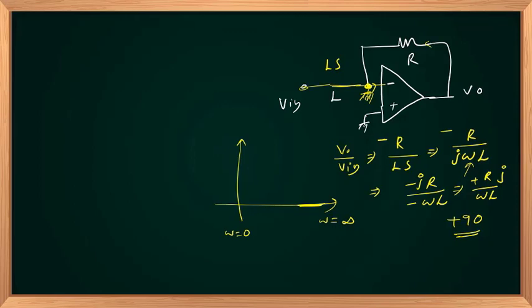If you are trying to identify the voltage gain of the circuit, V out upon V in magnitude, R upon J omega L, with omega equal to 0, it goes to infinity and the circuit is not functioning properly. So we have the same problem as we discussed in the earlier case. It's not stable at omega equal to 0.